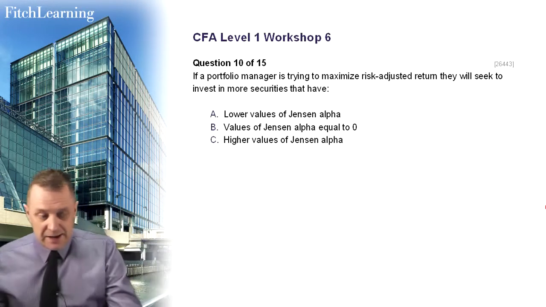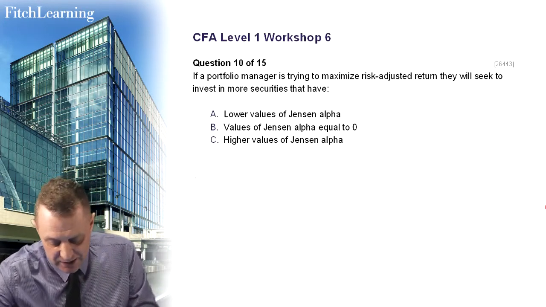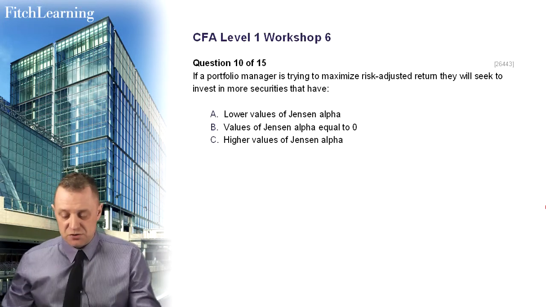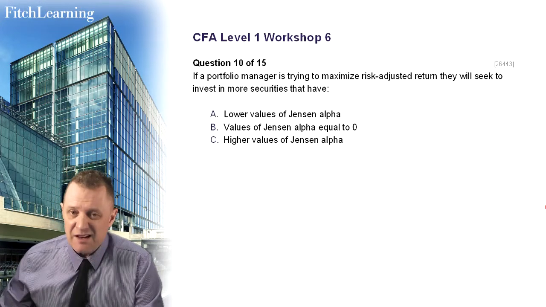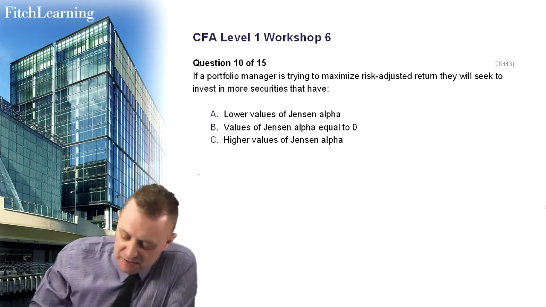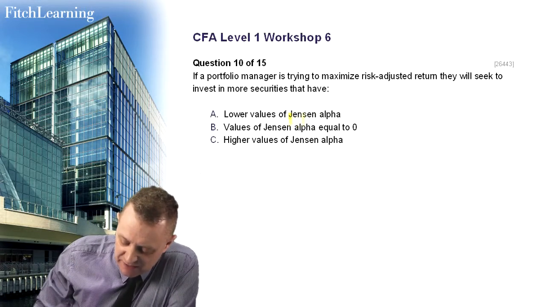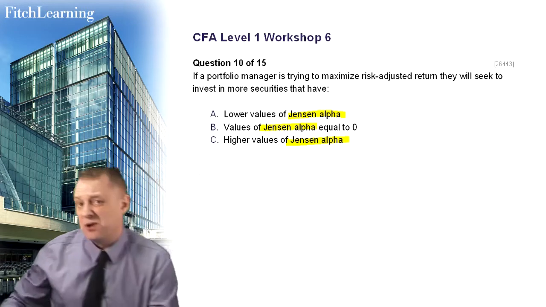Okay, question 10. If a portfolio manager is trying to maximise the risk-adjusted return, they'll seek to invest in more securities that have what? Now, the question here obviously is talking about Jensen's alpha, and Jensen's alpha is basically linking to CAPM.